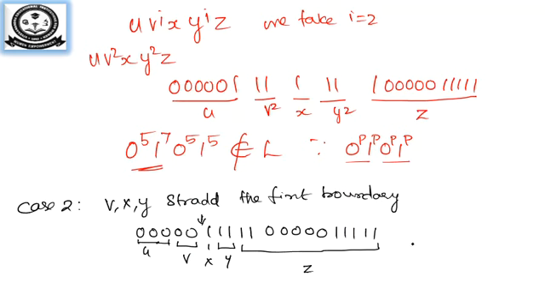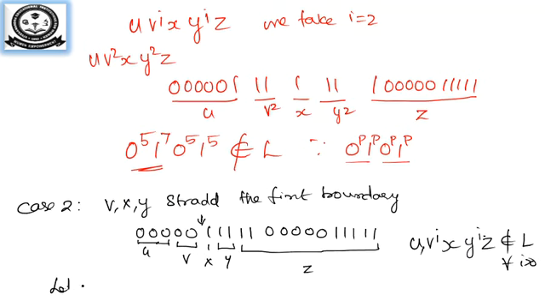So what you have to do here: u v^i x y^i z should belong to the language for all i greater than or equal to 0. So let us take i equal to 2.